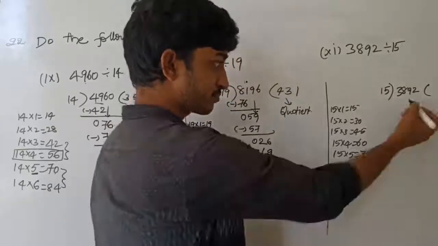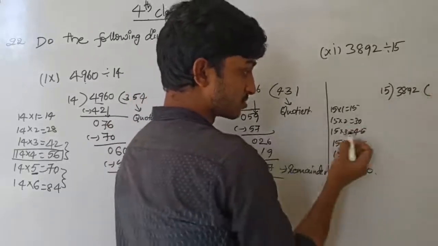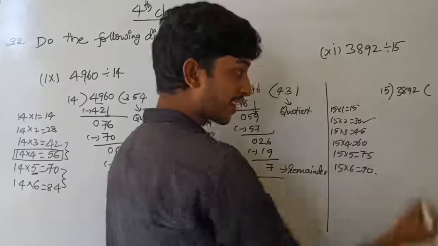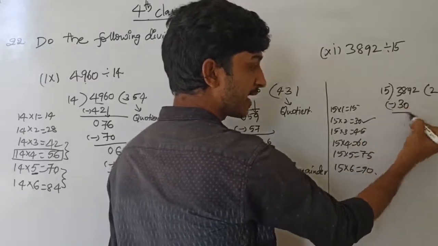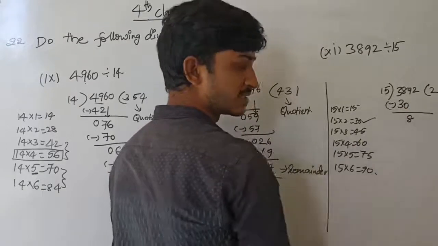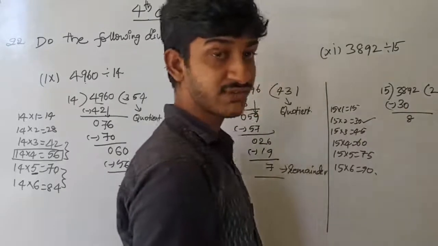Okay. See here, 38. So the nearer value is 30. So I am taking 2 times. 15 twos are 30. 38 minus 30 is equal to 8.